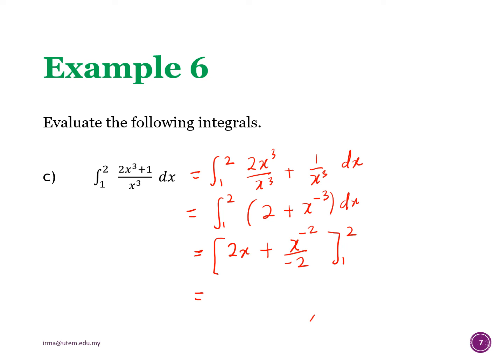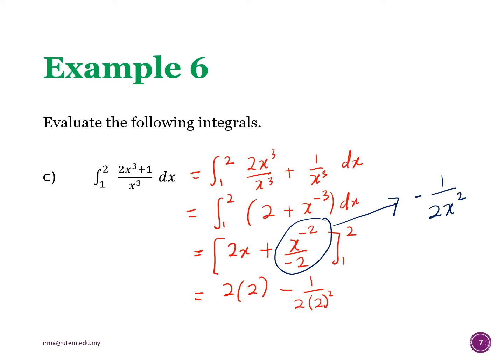Okay, so substitute the upper limit, which is 2. Here actually we can have 1 over 2 times 2 squared, because this term I write as negative 1 over 2x squared, right?